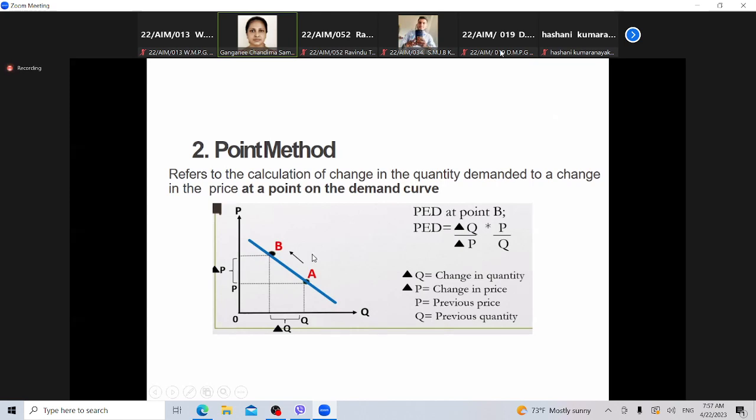At point B, it changes from A to B. Then you can take the change of Q from A to B and the change of price from A to B. Then you can calculate the price elasticity of demand at point B. I hope you all can draw this: delta Q, delta P, P divided by Q. It is more or less similar to the percentage method.